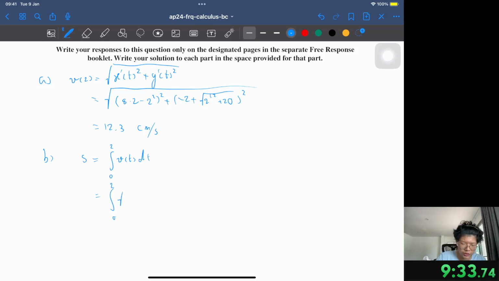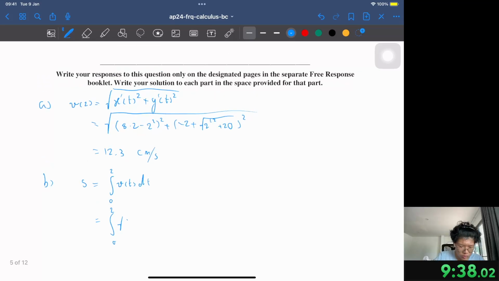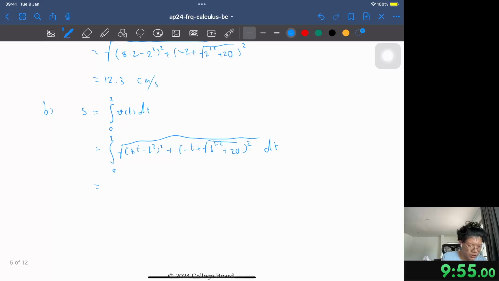So it's the square root of x prime squared plus y prime squared, which is (8t minus t squared) plus (minus t plus the square root of t to the 1.2 plus 20) squared. And then dt, plug that into the calculator.